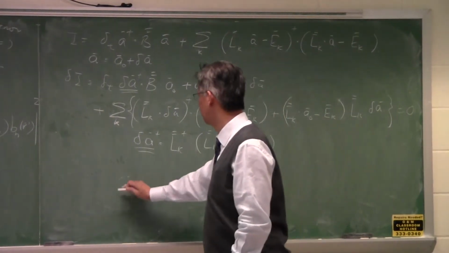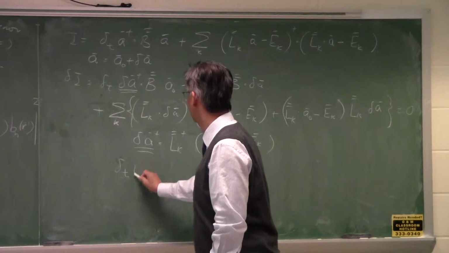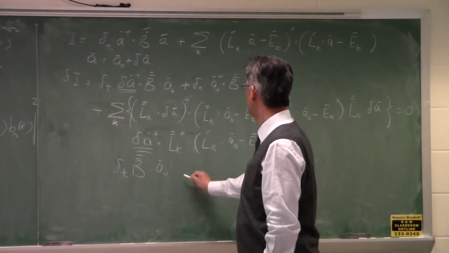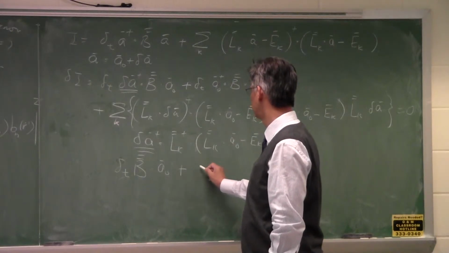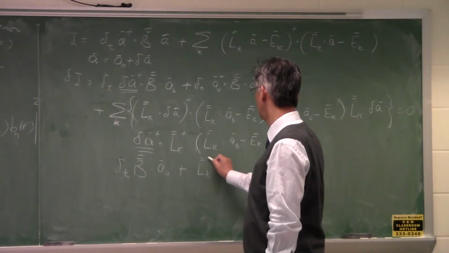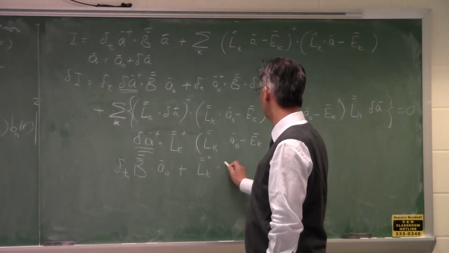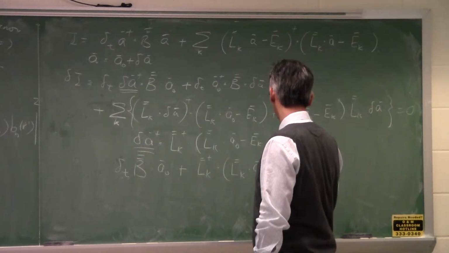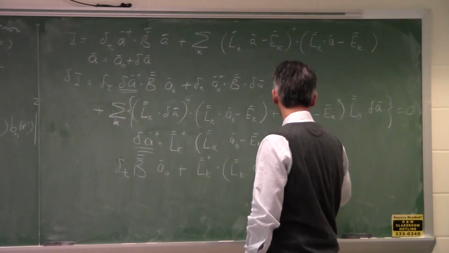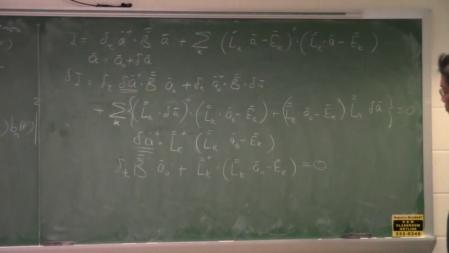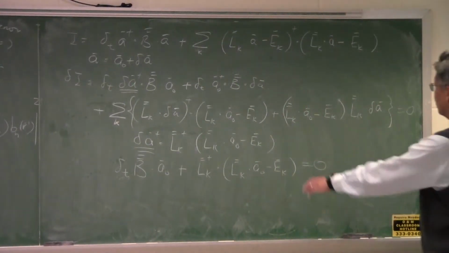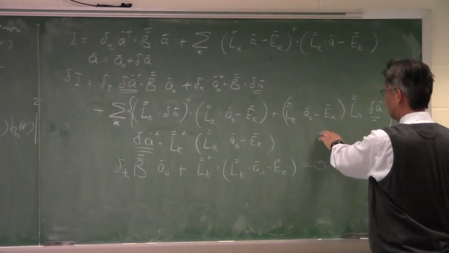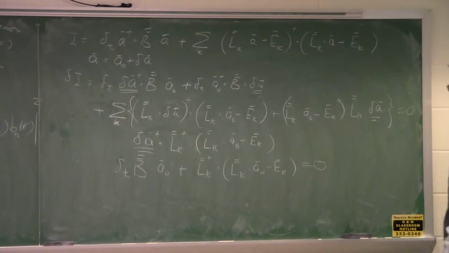So I have the fact that delta t B A naught plus Lk conjugate transpose dot Lk dot A naught minus Ek must be equal to 0. Okay? And if I take the term that has delta A alone, they must also cancel each other.